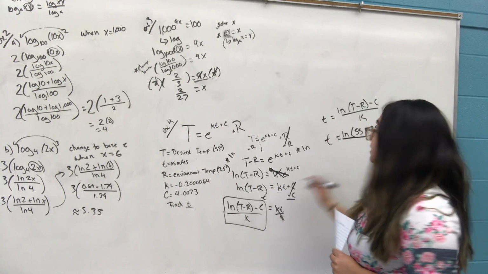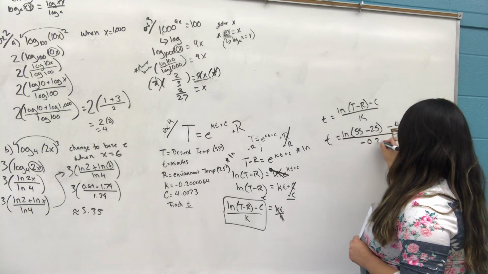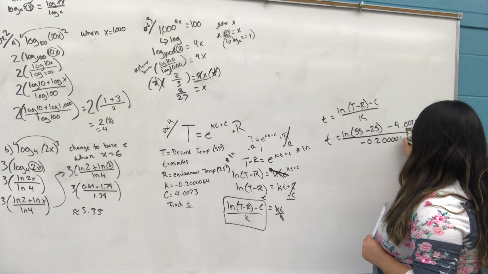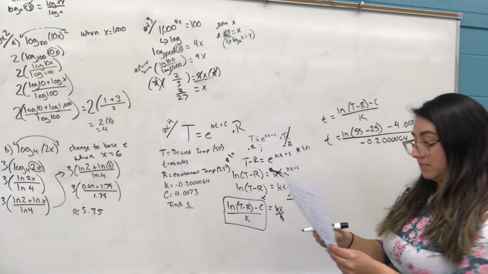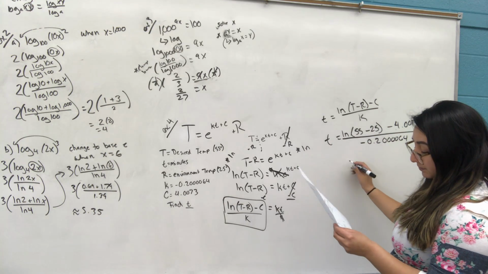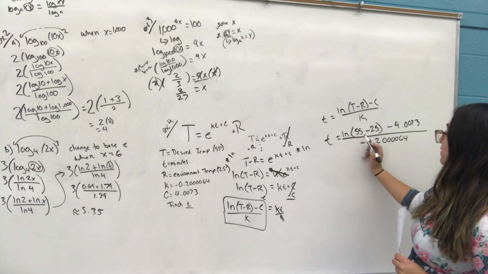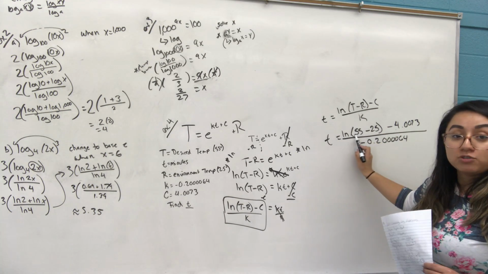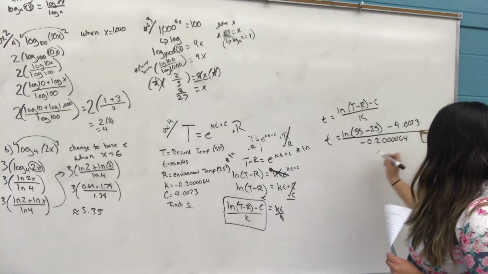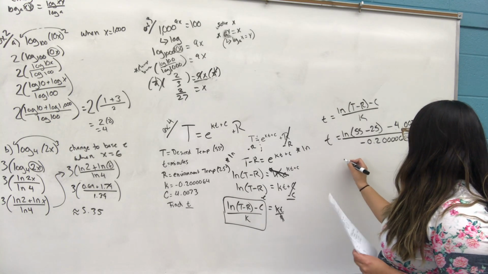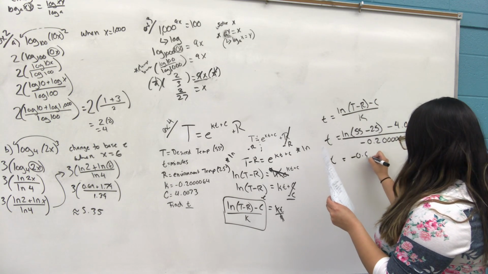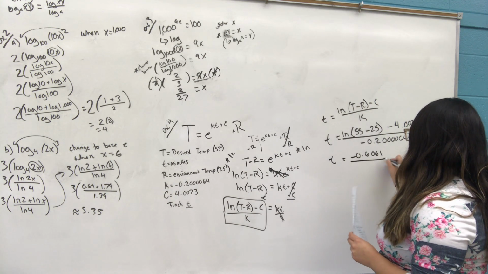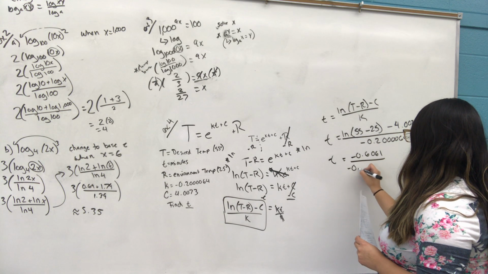k is considered negative 0.2000064. And then you work step by step to solve for each one of these. I simplified all this, so I did 55 minus 25, found the natural log of that, and then subtracted negative 4.0073. I ended up with about negative 0.6061 over this whole denominator here.